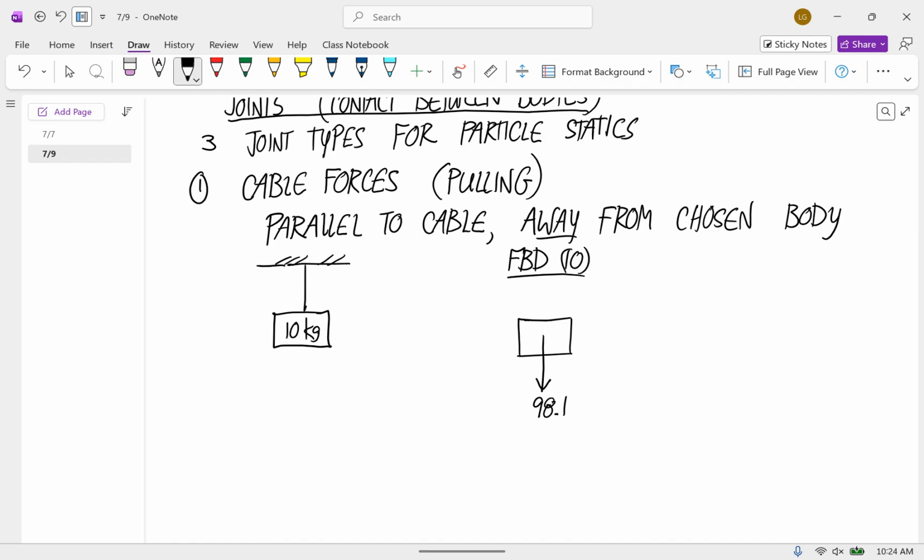And now go around the boundary of this mass looking for contact. The only contact is the cable. And so right here, we're going to follow the rules of a cable force, which are parallel to the cable. So that one tells us it's either straight up or straight down. And then away from the body, so it has to be straight up. And we don't know what that is yet, so I'll give it the name T.